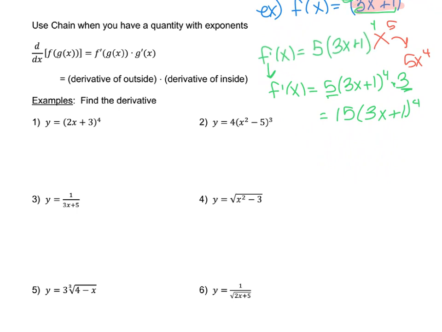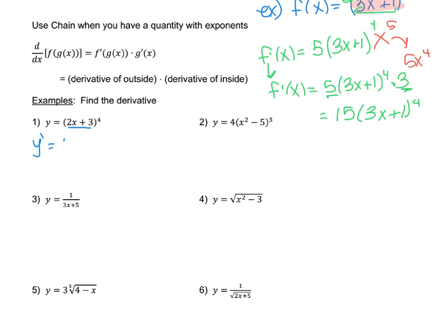Again, it's very similar. The function is an inside function 2x plus 3 being raised to the fourth power. So the derivative of this, applying the chain rule, we first take the derivative of the outside function, which is anything being raised to a power. Remember, I leave the inside function alone on the first step, and I just differentiate the outside.